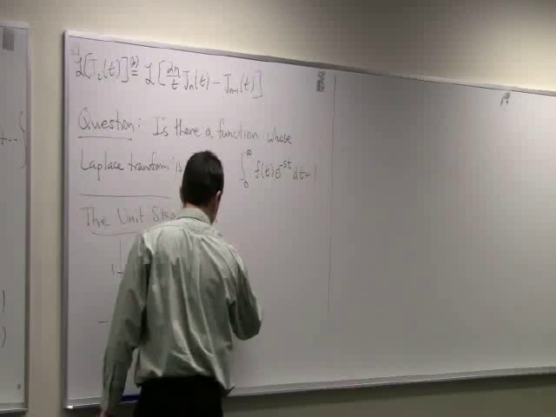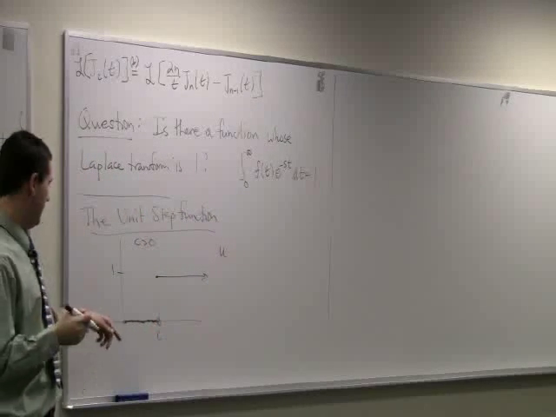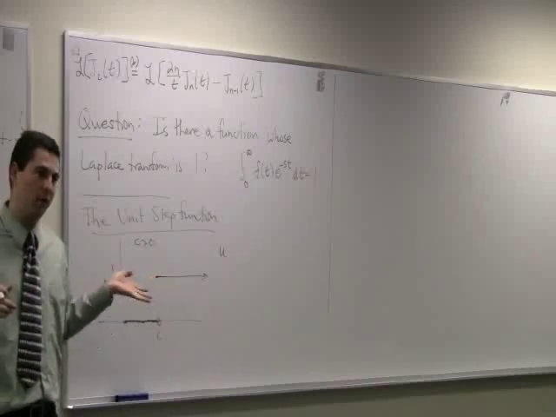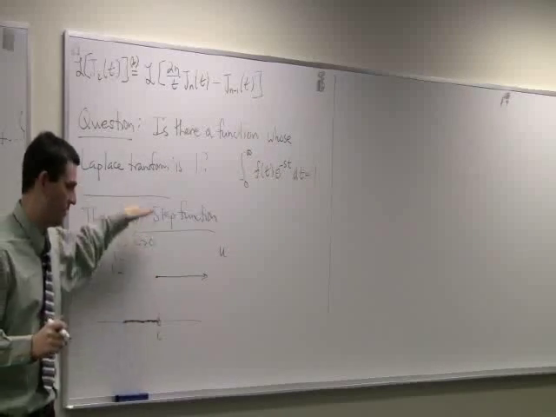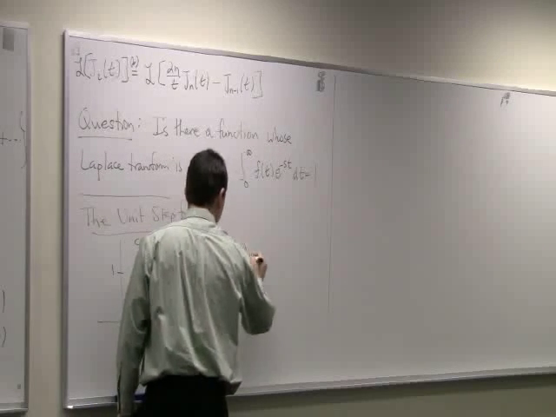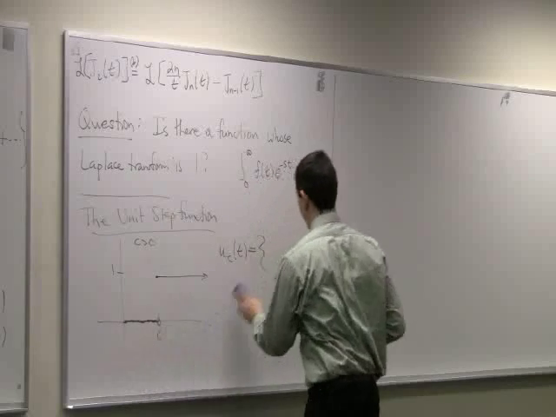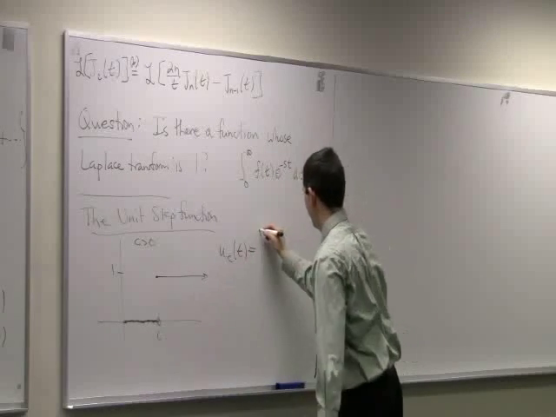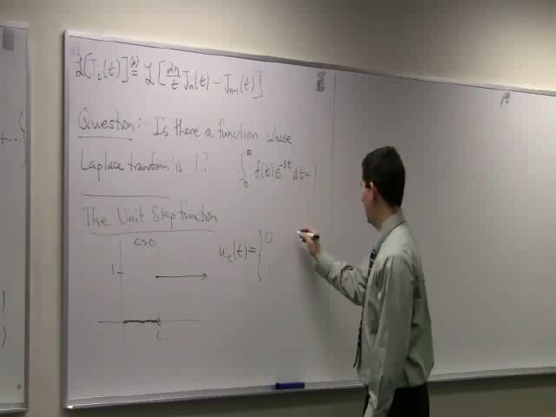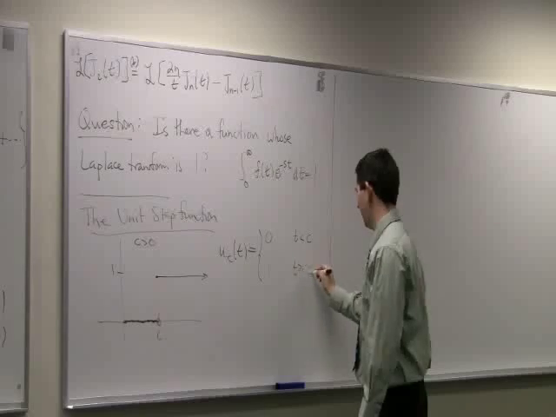So because it's a unit step function, we'll call it the function u. And well, this c here, I can choose different c's and I get different functions. They all look the same, just change where it steps up. So I'll call it u sub c of t. And this is of course just a piecewise defined function. It's going to be 0 or 1. It's 0 if t is less than c, and it's 1 if t is greater than or equal to c.